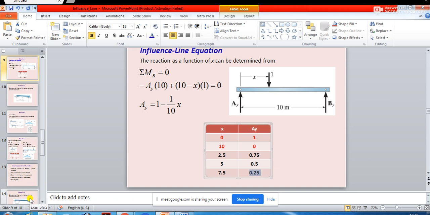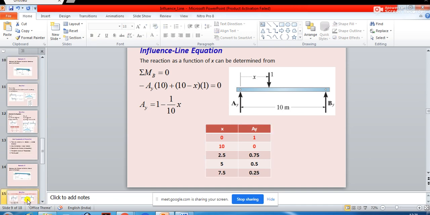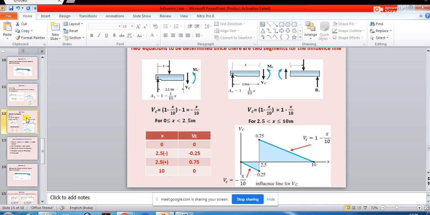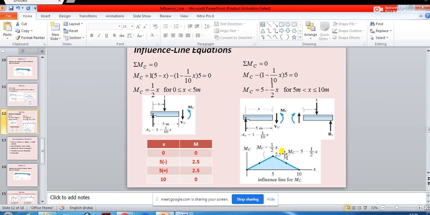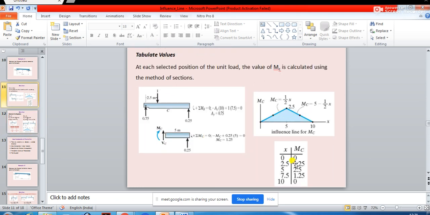So, because of the movement of the load, you can observe that at different positions of x, you have got different values of MC. That means at x equal to 0, the value of moment is 0. At x equal to 2.5, the value of moment is 2.5.